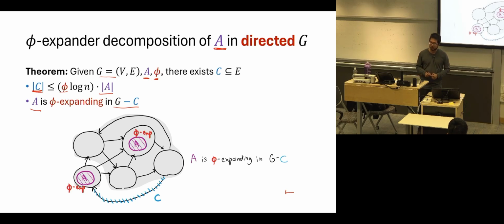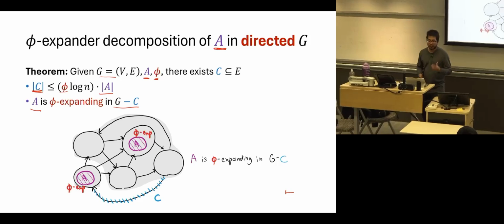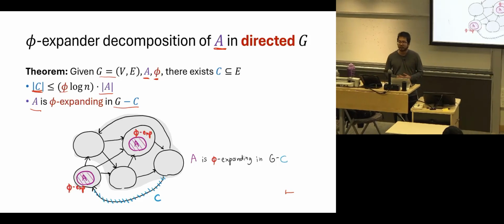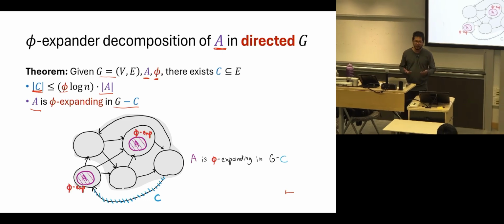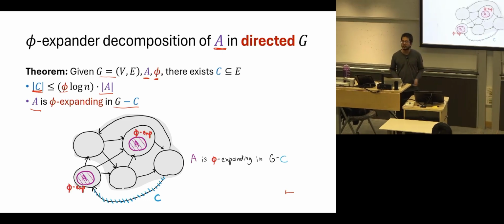Okay. Now, how to build this thing? Do you recall the existential proof of expander decomposition in undirected graphs? How did we show that it exists?